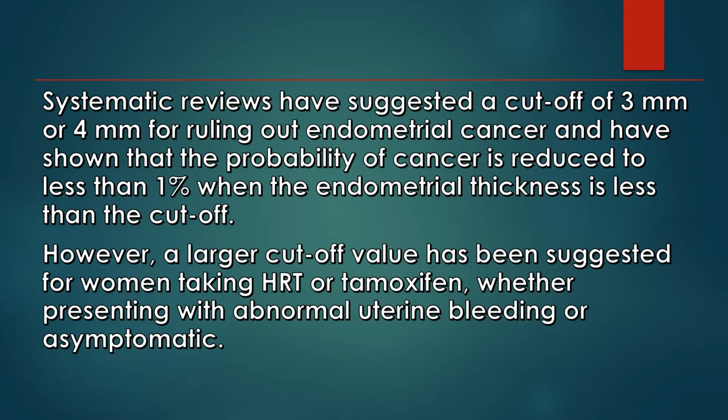Systematic reviews have suggested a cutoff of 3 millimeters or 4 millimeters for ruling out endometrial cancer and have shown that the probability of cancer is reduced to less than 1% when the endometrial thickness is less than the cutoff. However, a larger cutoff value has been suggested for women taking hormone replacement therapy or tamoxifen, whether presenting with abnormal uterine bleeding or asymptomatic.